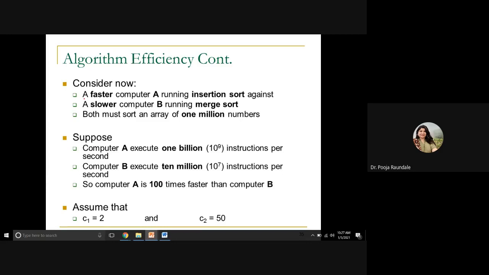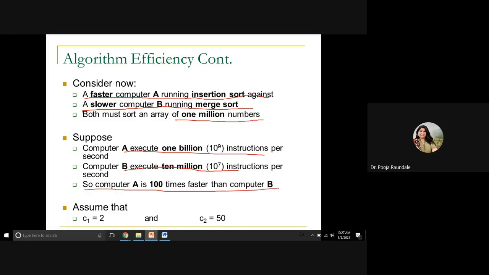So consider a faster computer running insertion sort and a slower computer running merge sort, and both must sort an array of 1 million numbers. Suppose computer A executes 1 million instructions per second and computer B executes 10 to the 7, 10 million, instructions per second. So computer A is 100 times faster than computer B, right?